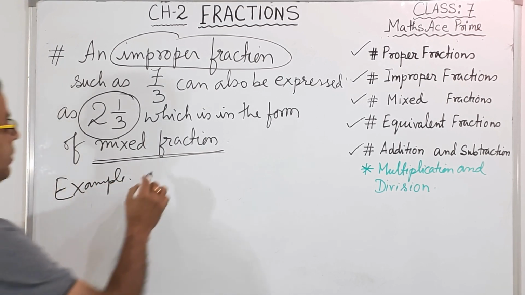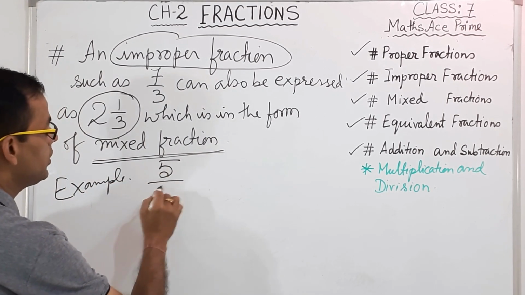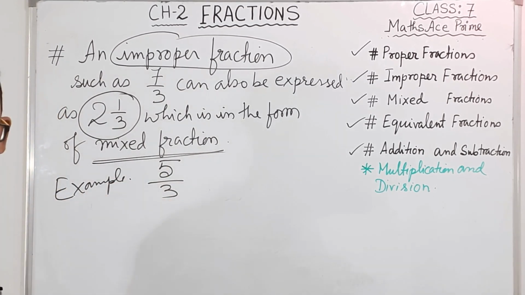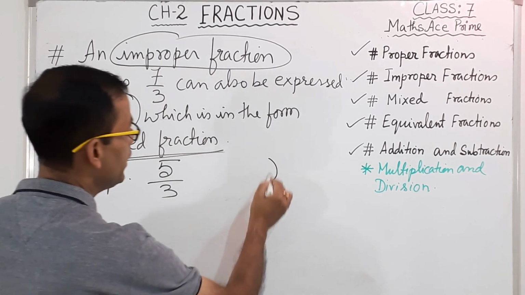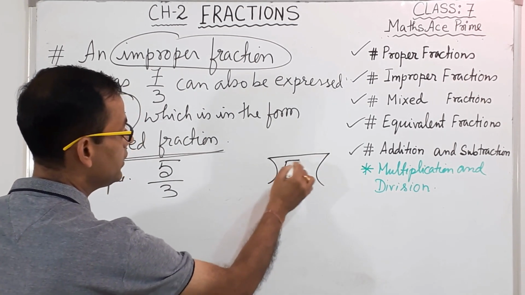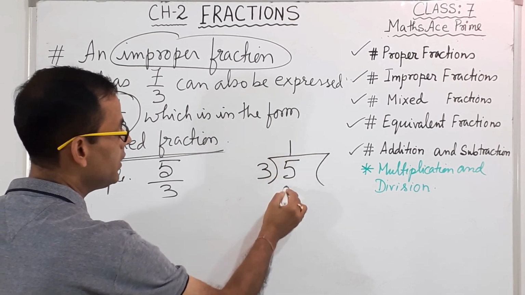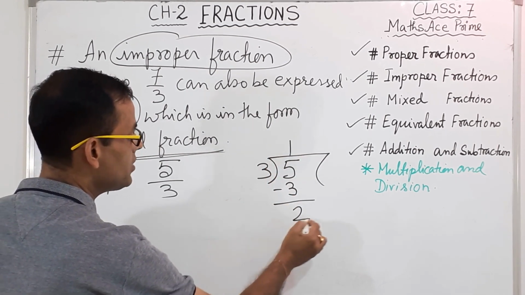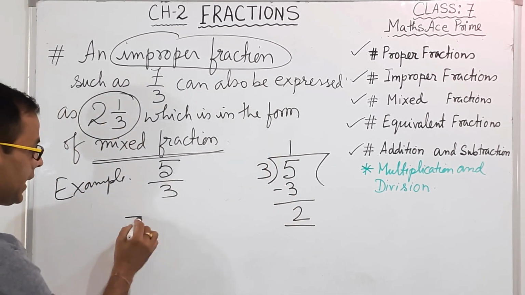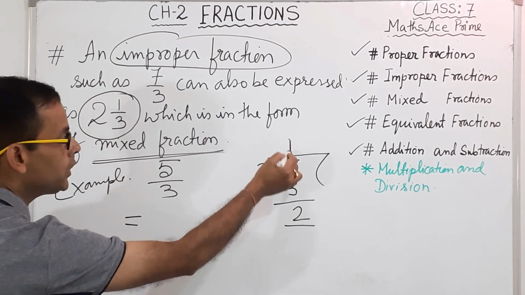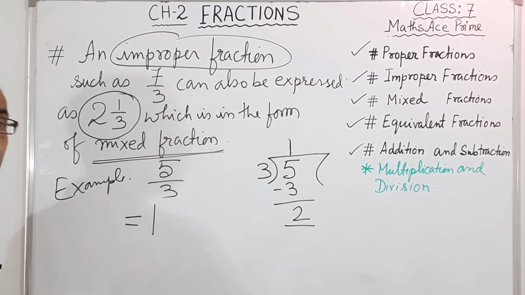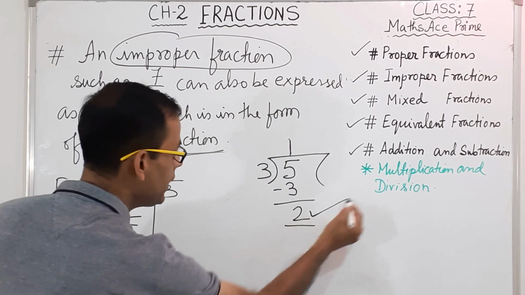Suppose I take 5 by 3, so this is an improper fraction. So what will we do? We will divide, so 3 ones are 3 and the remainder is 2. So I can express it here: the quotient is how much? 1. So 1 whole number, and the remainder is what?